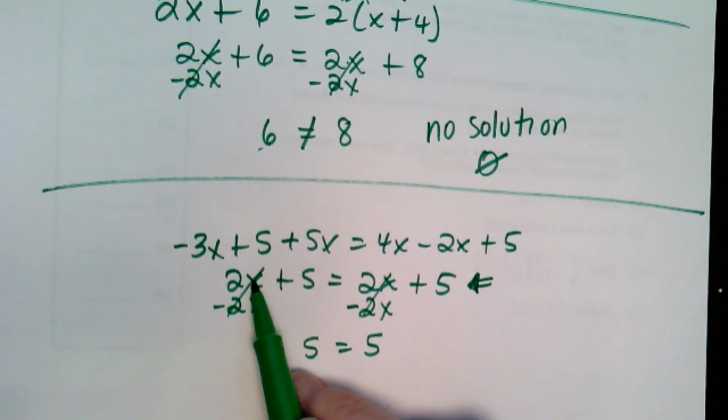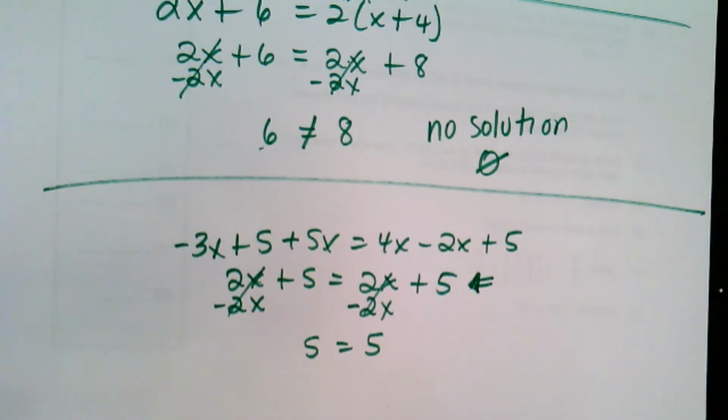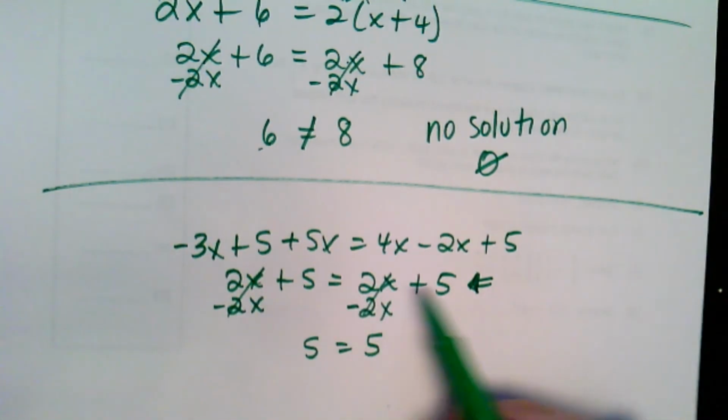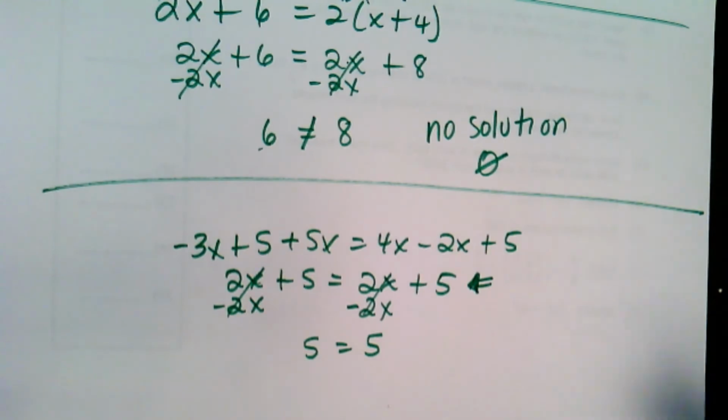So that means no matter what I put in for my x value, it's always going to be true. If I put in 3, then this side would be 6 plus 5, this side would be 6 plus 5. So it doesn't matter.